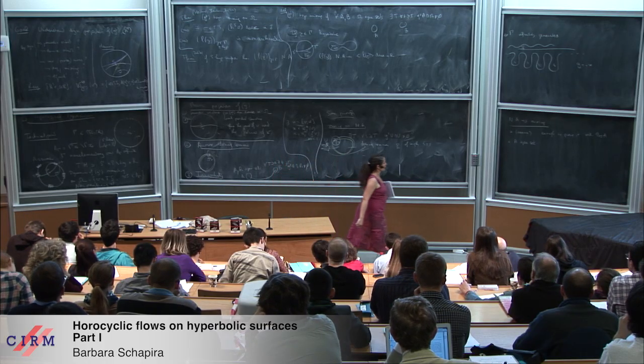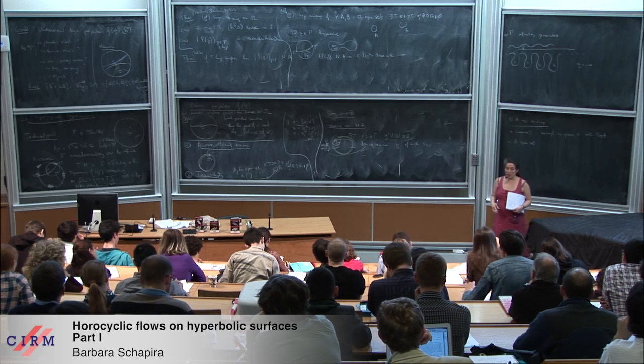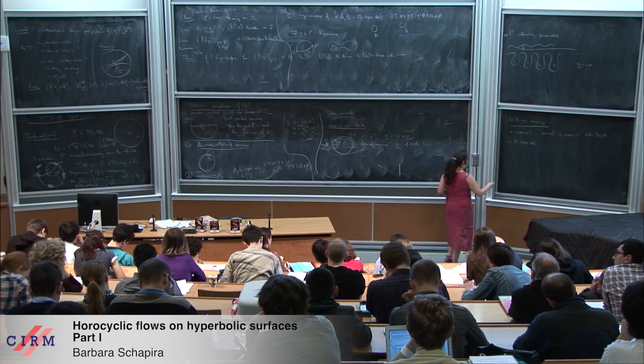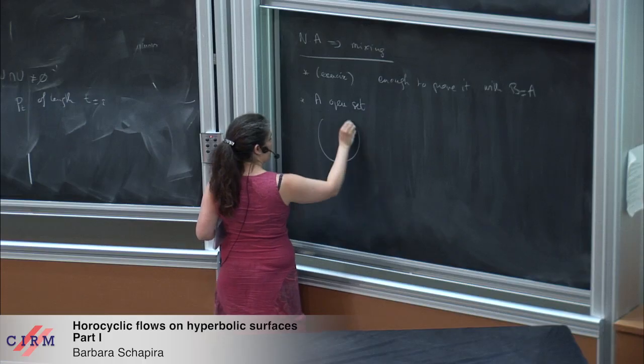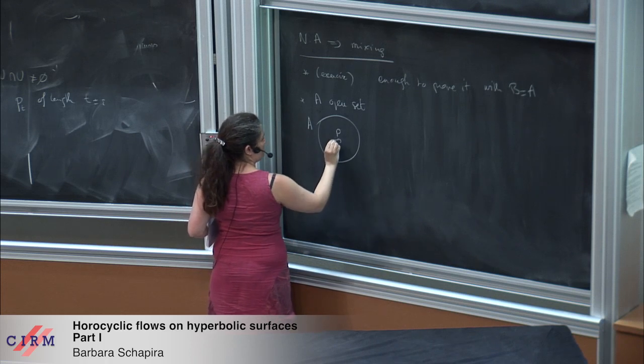That's a very important fact. So if you take an open set, as periodic vectors are dense, there is a periodic vector inside. So it's periodic.